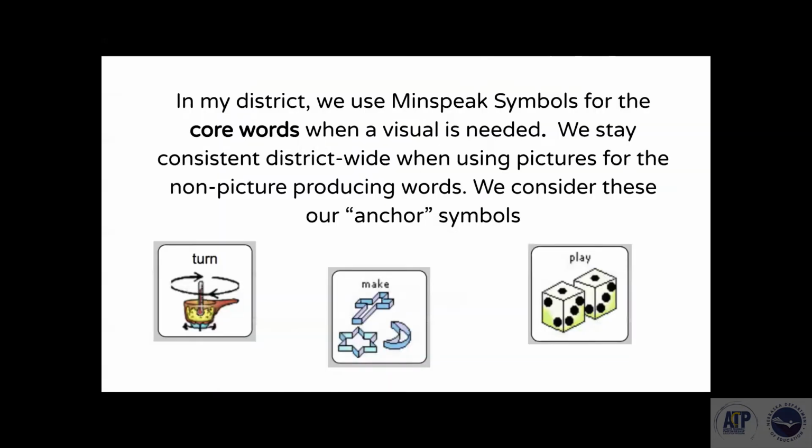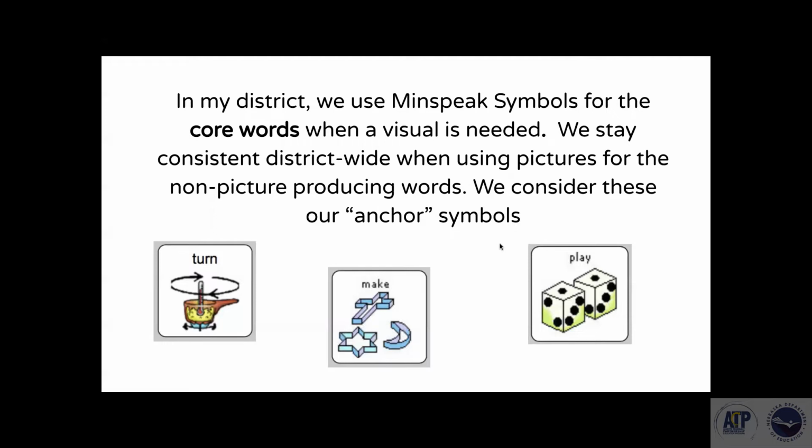In my district, we have chosen to use the MinSpeak symbols for the core vocabulary words when a visual is needed. We try to stay as consistent as possible district-wide when using pictures for these non-picture producing words. We consider the MinSpeak symbols our anchor set of symbols. Certainly staff can use other symbols to represent words, but when we're representing a core word visually for visual supports, we use the MinSpeak symbols from PRC.